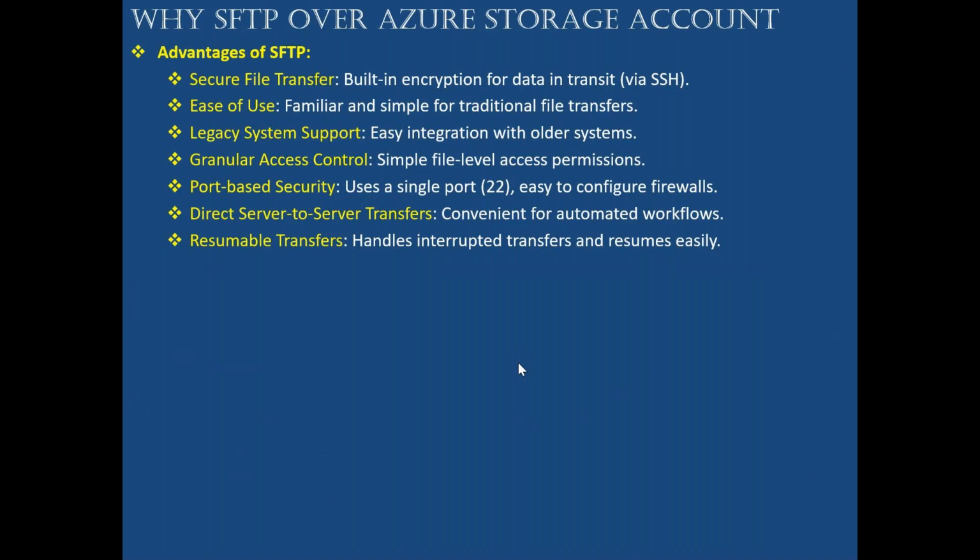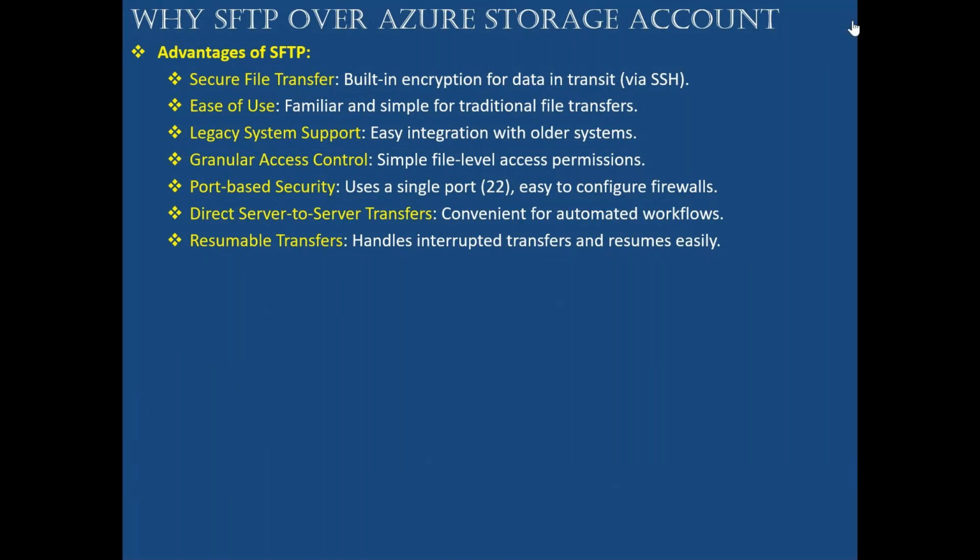Direct server to server transfer, convenient for automated workflows. In real time, some people might have done this: when you have two SFTP servers and you want to transfer files from one SFTP to another SFTP, it is very easy.